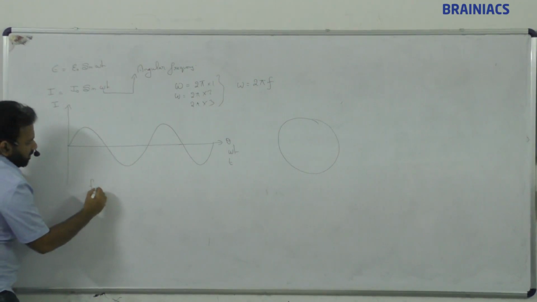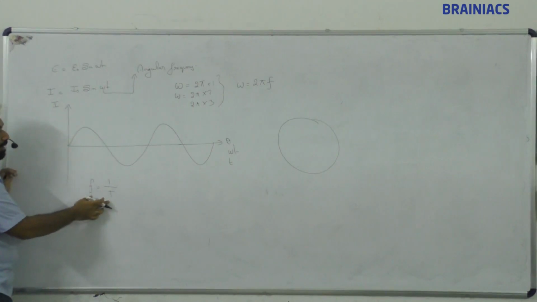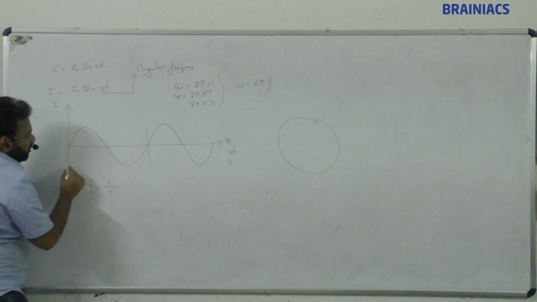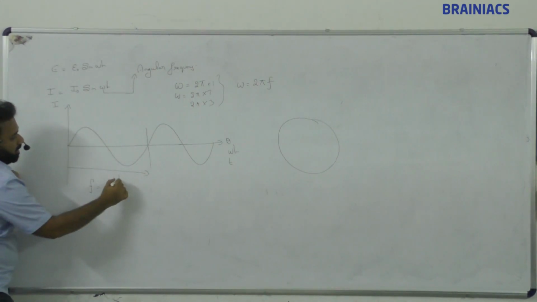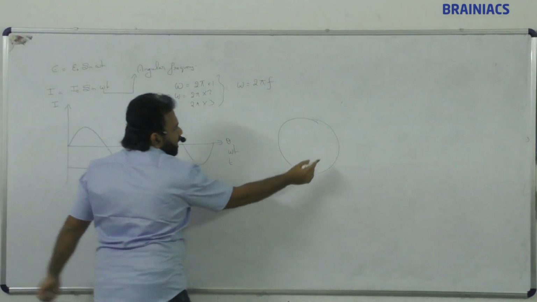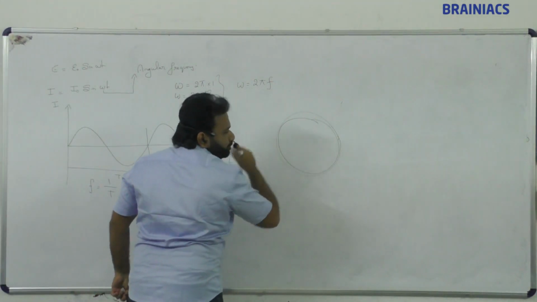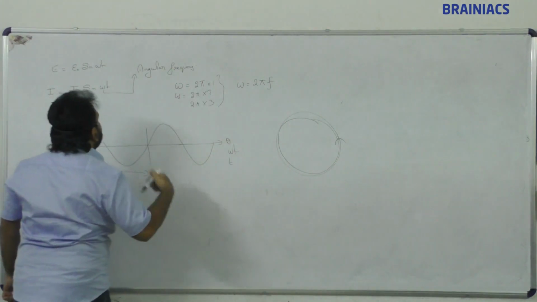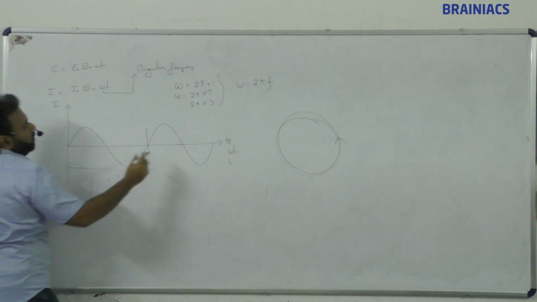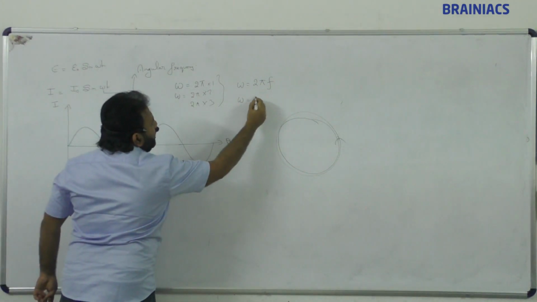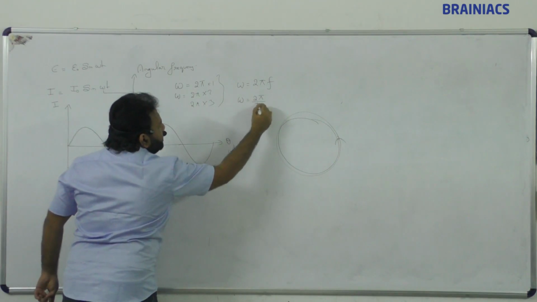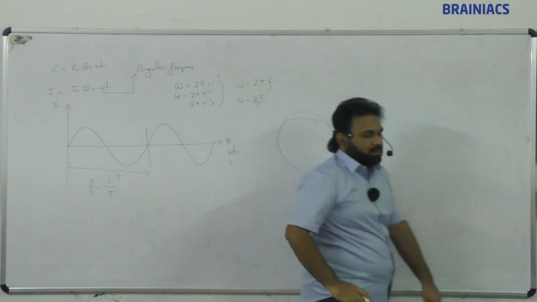So f is frequency, and the time taken for one cycle, time for one rotation, is the time period. So omega is 2 pi f, and this can be written as 2 pi by T also.